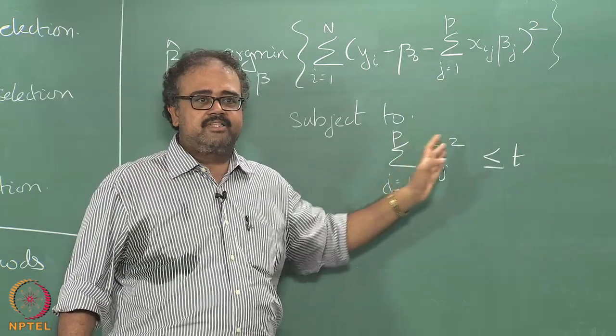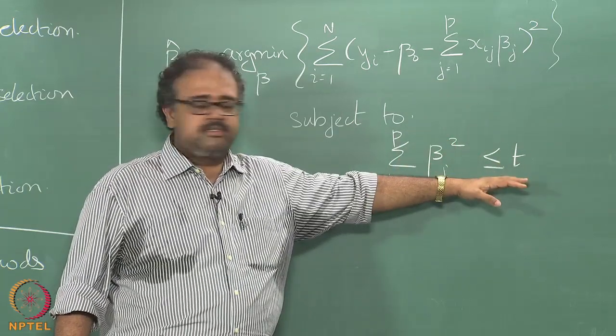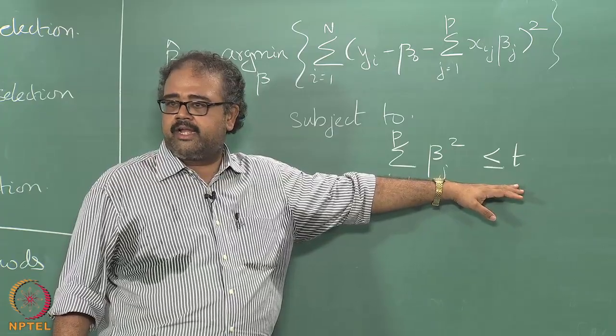I am taking the root, I am just leaving it as a square, it does not matter. So it is just like an L2 norm constraint.